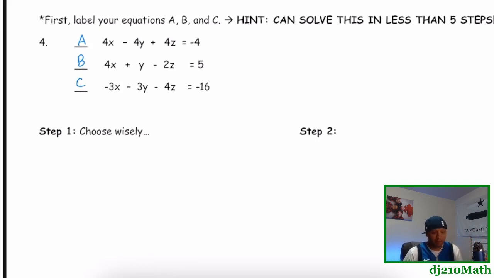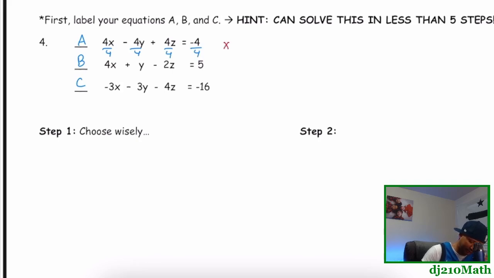Something that I'm noticing right away. I don't know if this is gonna help or not, but notice in A, it's all 4s. I can factor out a 4. Right? I can divide everything by 4. If I divide everything by 4, I'm gonna get x, right?